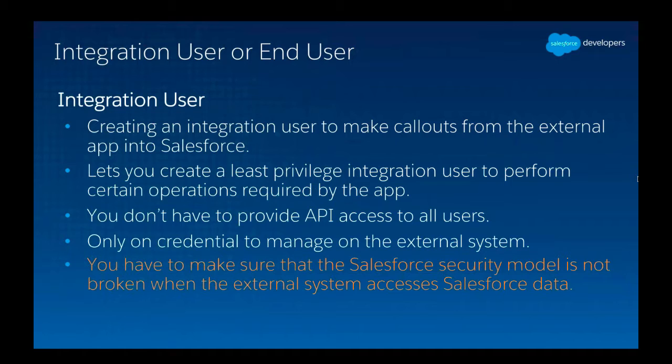Some users might not need that much data access as compared to, for example, user A. Maybe he just needs access to 2 or 3 fields, and maybe user B needs access to only one field. Now, an integration user can pull data for all of them, because the user permissions are set for that integration user, not at the per user level.